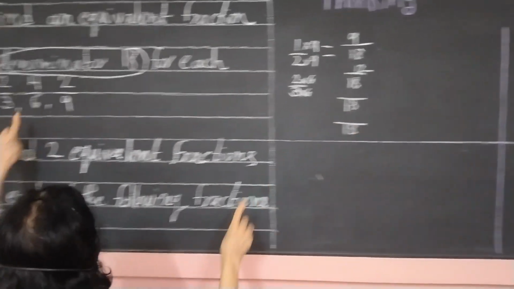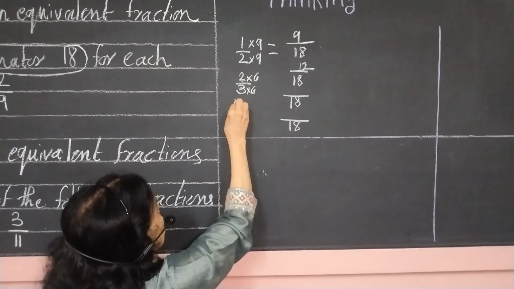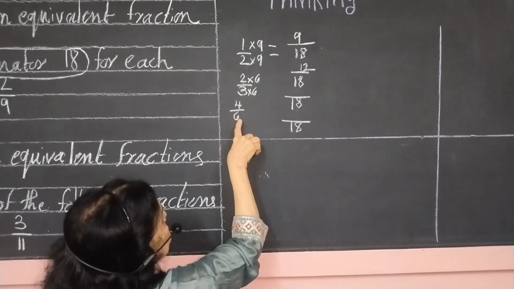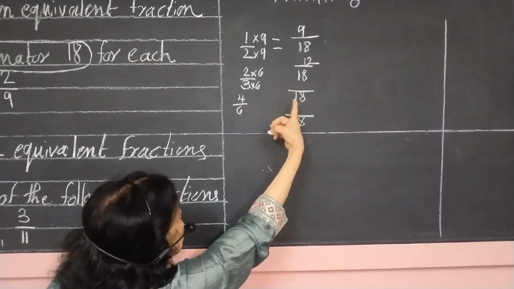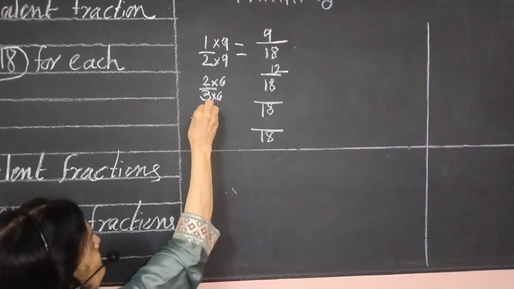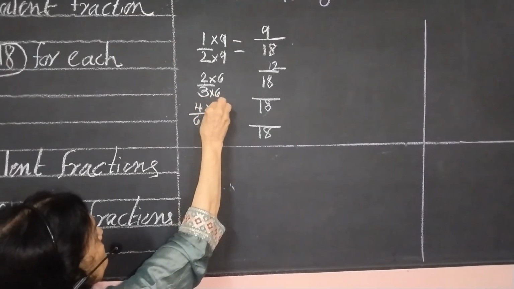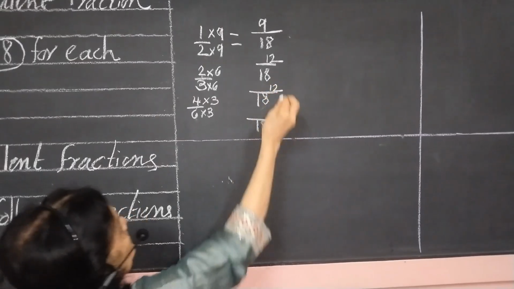Now the third one, 4 upon 6. This denominator has to be turned to 18. 6 3s are 18. So here we multiply it by 3. Hence the numerator also has to be multiplied by 3. So on top we get 12 upon 18.